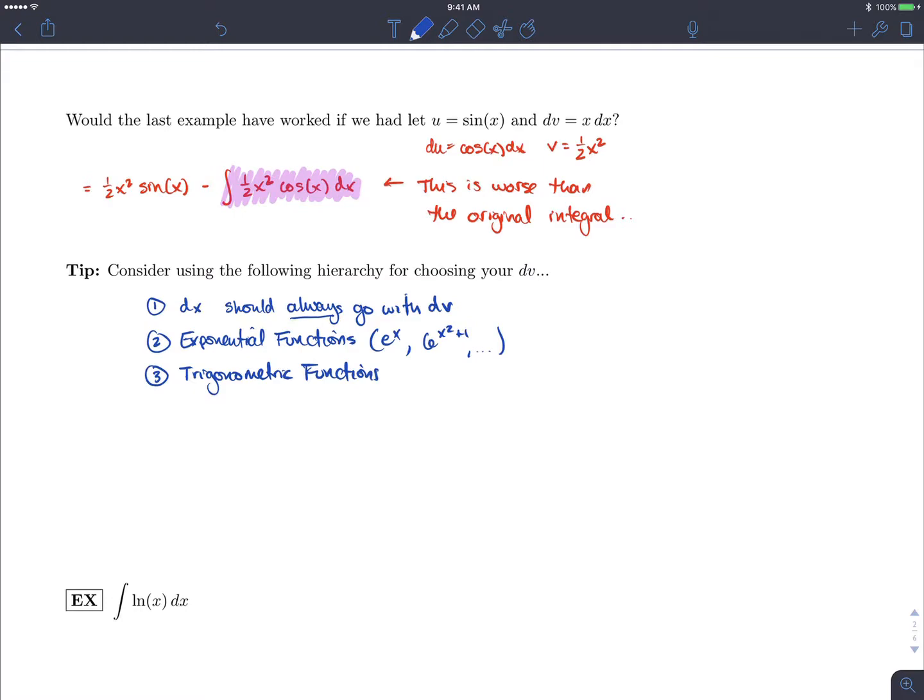Specifically trigonometric functions that we know how to integrate. So things like sine of x, things like secant squared of 4x, these are all trig functions that we can actually integrate. After we've gotten through those possibilities, then we're going to lump in algebraic functions.